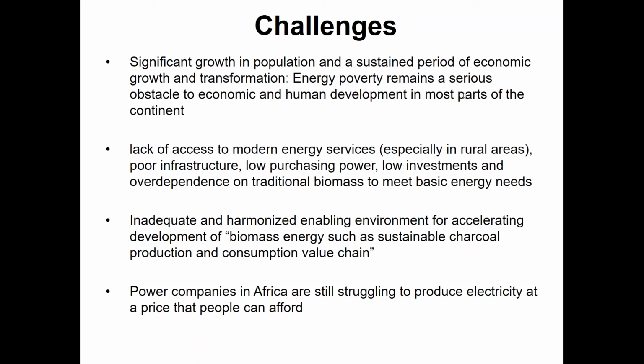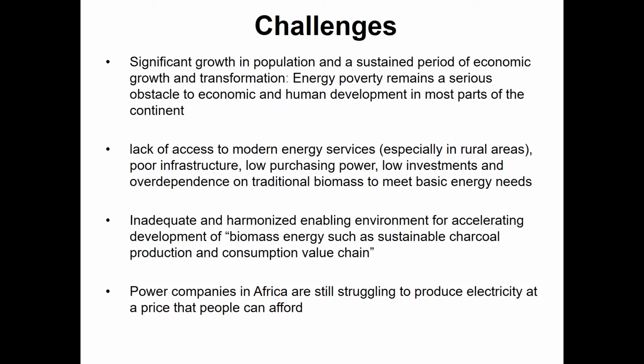One of the critical challenges related to the energy sector is a lack of access to modern energy services, especially in rural areas. I also mentioned poor infrastructure, low purchasing power, low investment, and over-dependence on traditional biomass to meet basic needs. Another challenge is that the continent's energy supply is not meeting the needs and aspirations of its people.